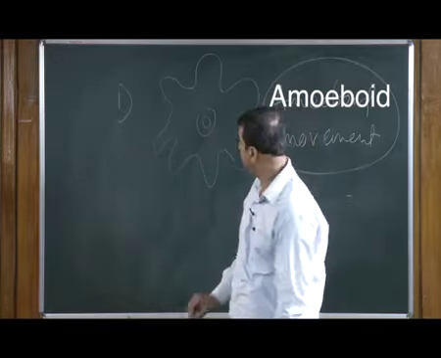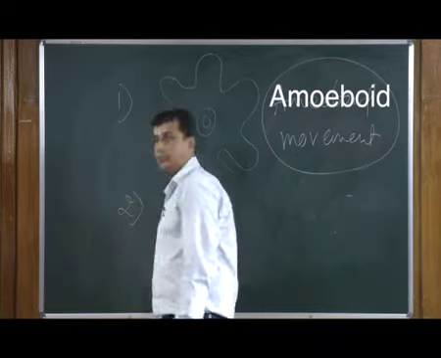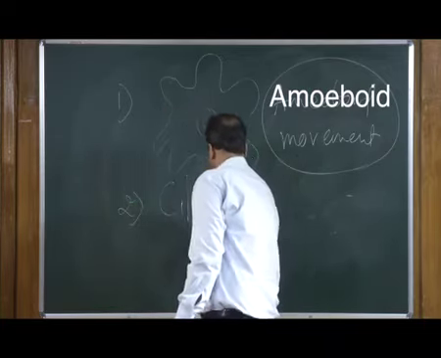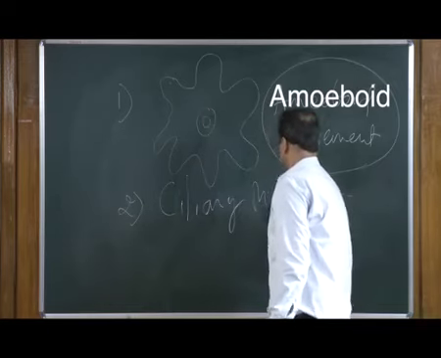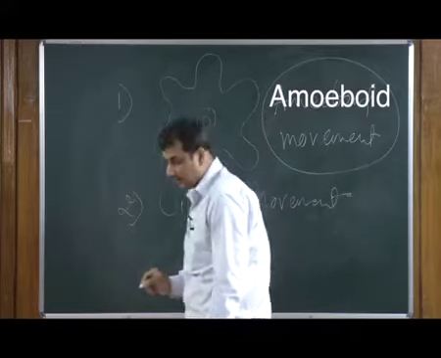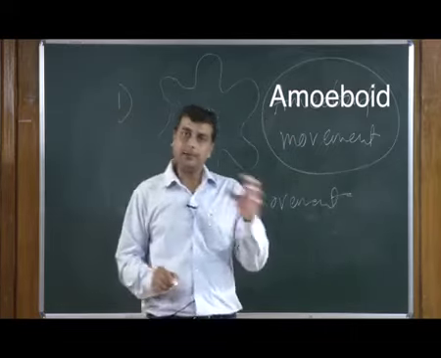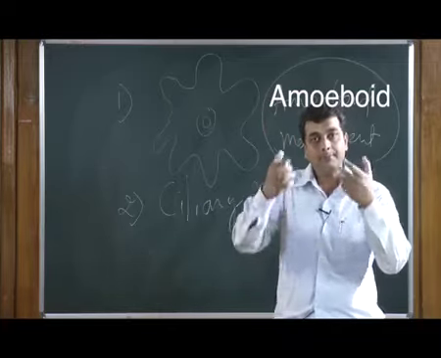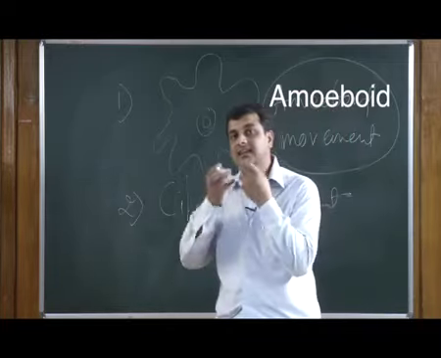The second is what you call ciliary movement. Now the ciliary movement is available in those areas in our human body where you have a passage, the ciliated epithelium.